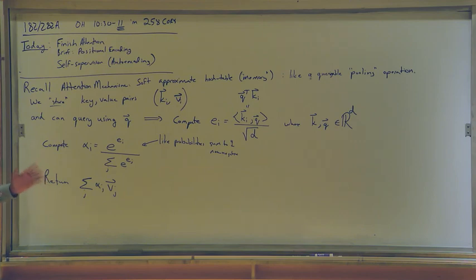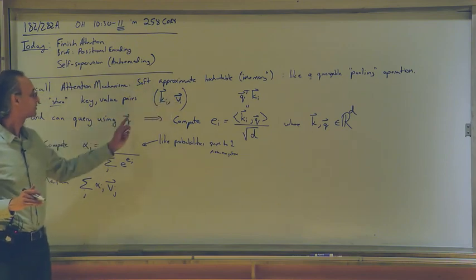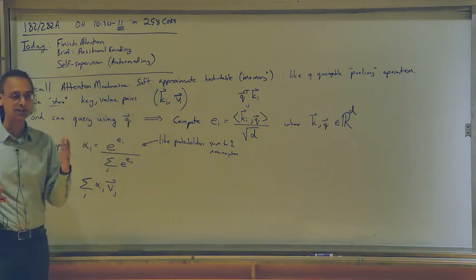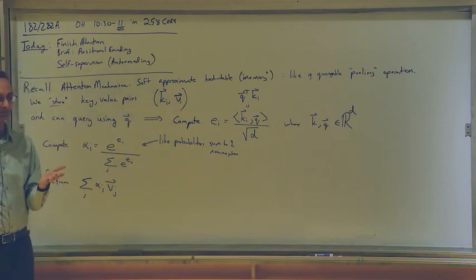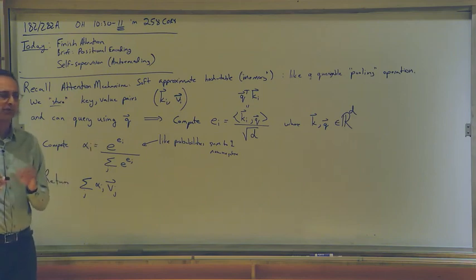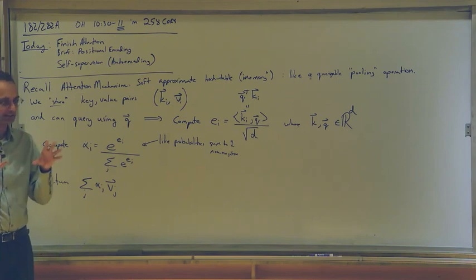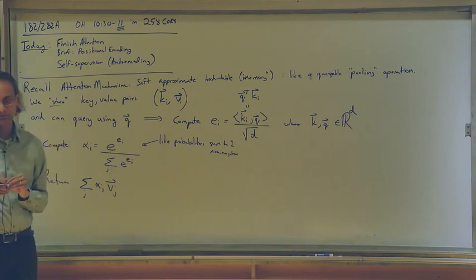You can think of these keys, values, and queries in a practical context as the outputs of some multi-layer perceptron. So something is generating them. Now, we can think about whether it needs a nonlinearity. There are all levels of detail, but it's something learnable.